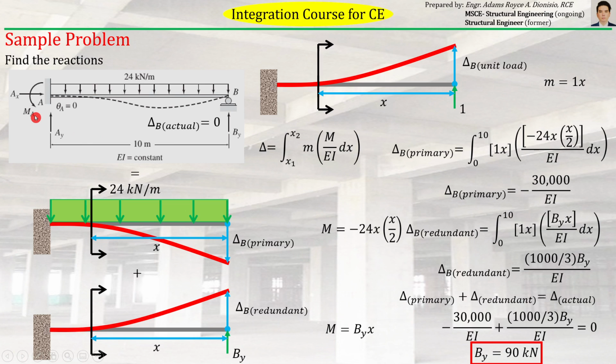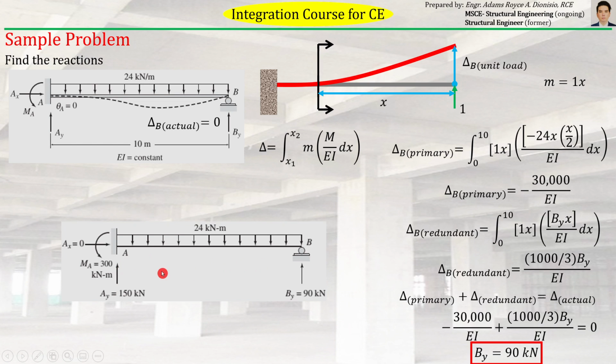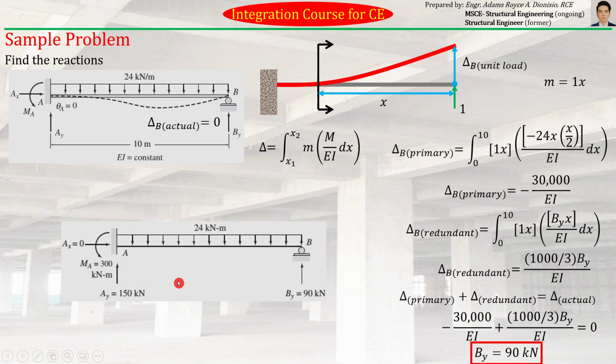You can just compute the other values using statics na lang. Okay, summation forces vertical, tsaka moment equal to 0. Okay? So, ito yung complete na reactions ng figure natin. So, pag kinomplete nyo yung vertical reaction dito, it will be 150 kilonewton, and then yung moment reaction, 300 kilonewton.